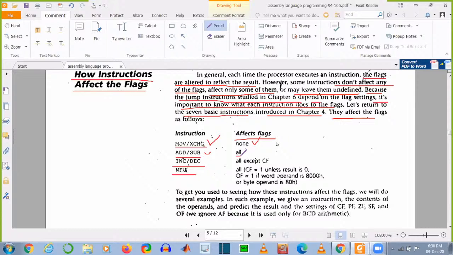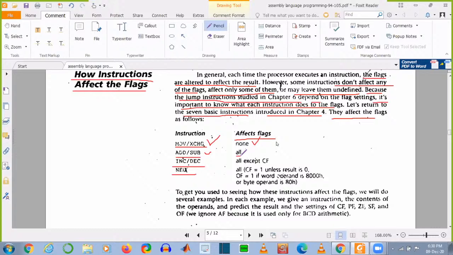If there is an even number of 1 bits in the low byte, then the parity flag will become 1. And what is the last one? Auxiliary carry flag. If there is a carry out from bit number 3, then that will also be 1. In the opposite case, all will be 0.